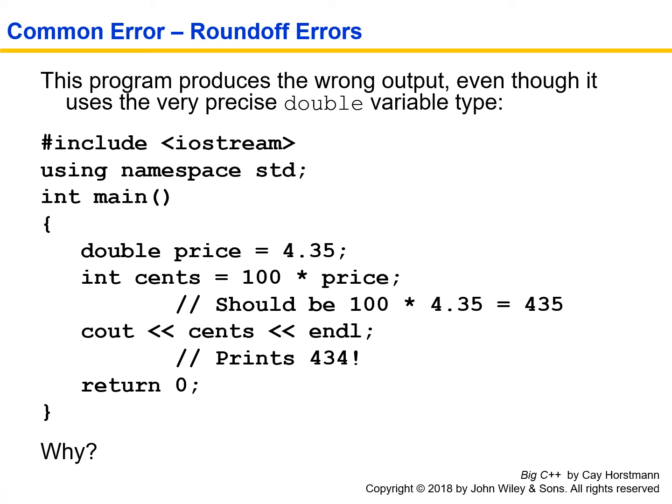But if we store 4.35 as a double variable, it'll be stored in the computer as 4.349, and so on. It'll have a rounding error. And when we multiply by 100 and then chop it off as an integer, we don't round, we just chop it off. The number we get is 434.